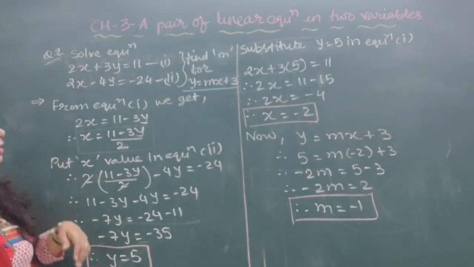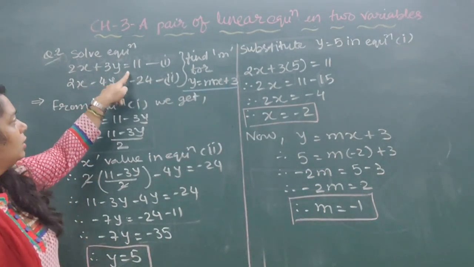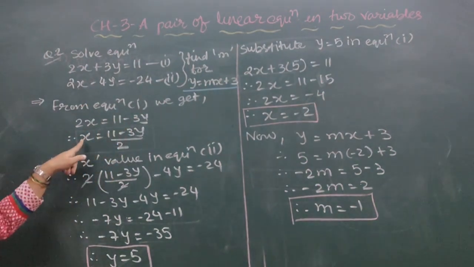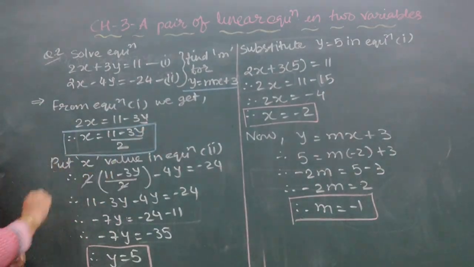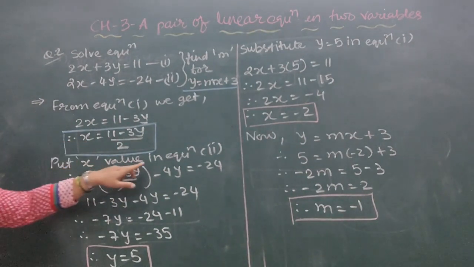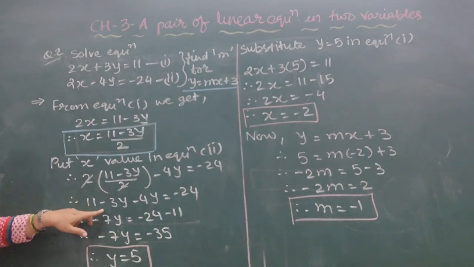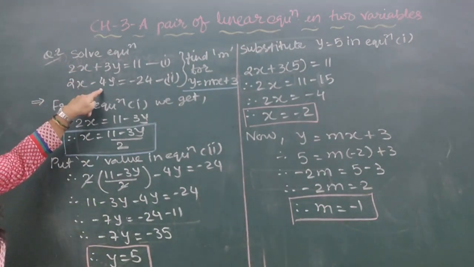I have already done the steps, so let's see. From equation 1 we get 2x is equal to 11 minus 3y, and therefore x is equal to 11 minus 3y by 2. Now this value of x I put into equation 2. After substituting and simplifying, I got y is equal to 5. Now this value y is equal to 5, either in the first or second equation.